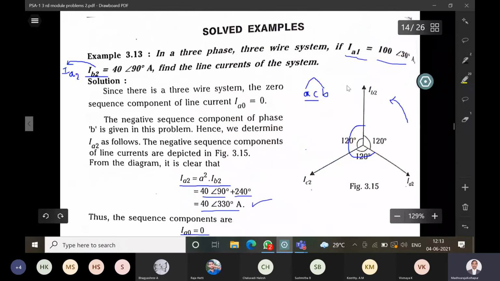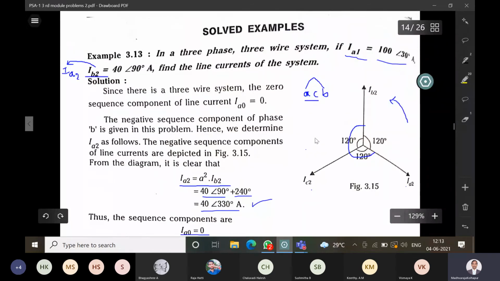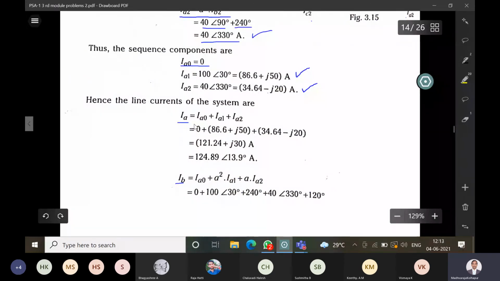Suppose he has given IA0, IA1, IA2, you need to calculate IA, IB, IC. Suppose he has given IA, IB, IC, you need to calculate IA1, IA2 and IA naught. So those things you have to remember. Okay, so calculate what is IA, calculate it.